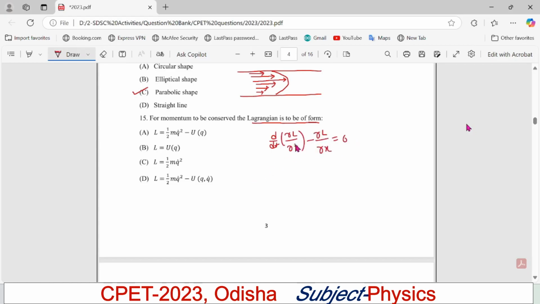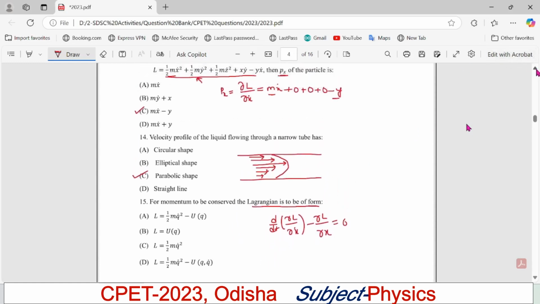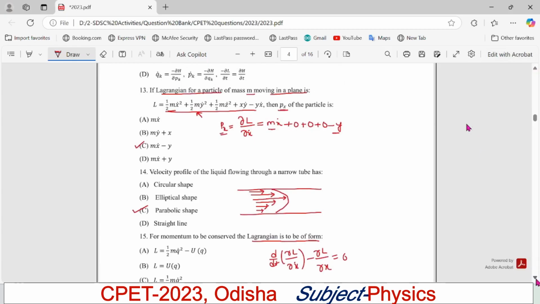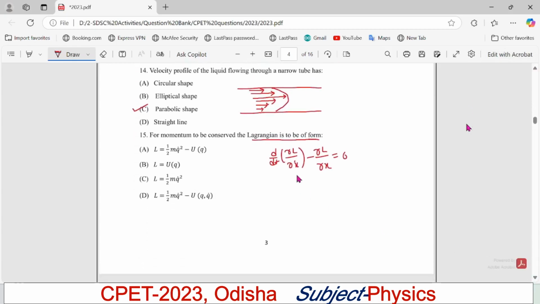Right. So here momentum will be conserved, and just now we discussed that px is nothing but del L by del x dot. That means here I can write d by dt of px, because this one is your px, momentum along x-axis, minus del L by del x equal to 0.